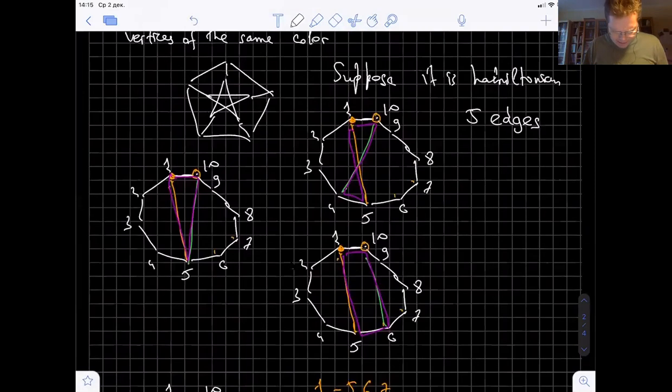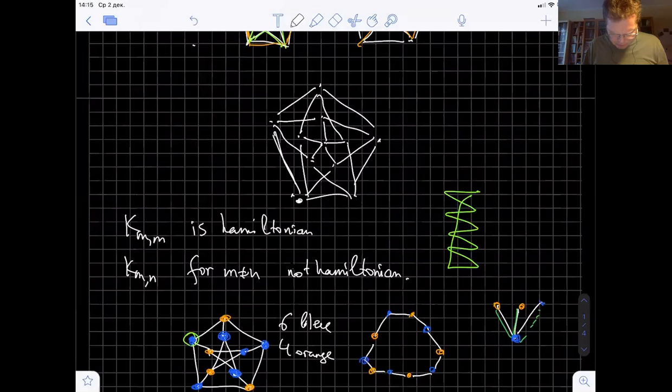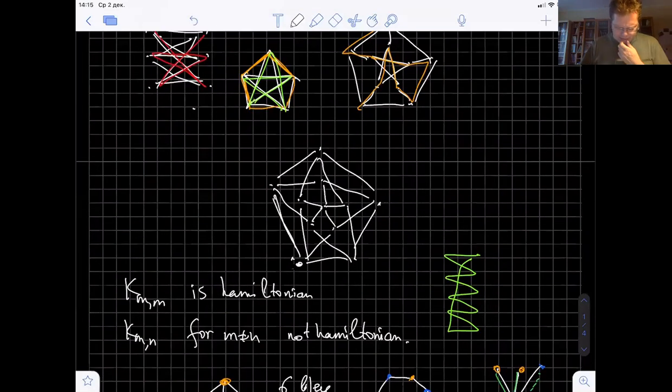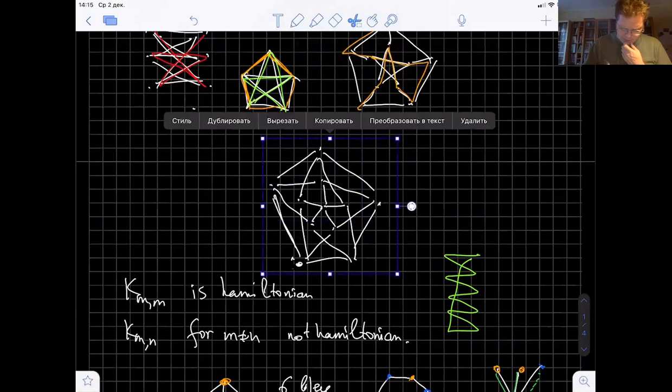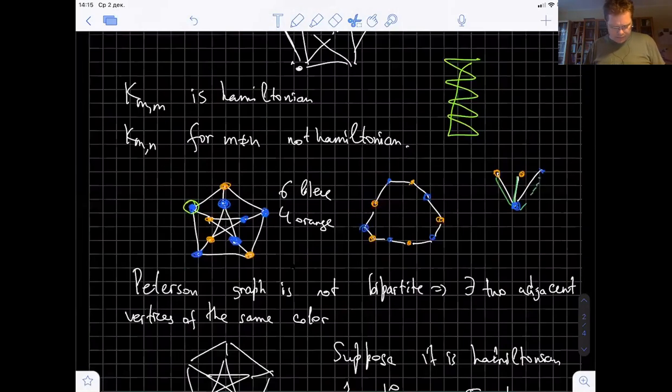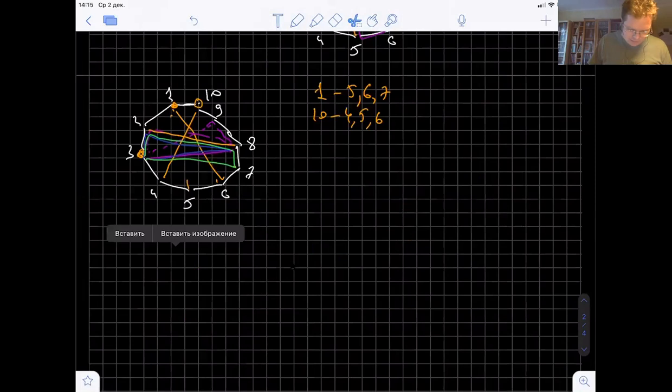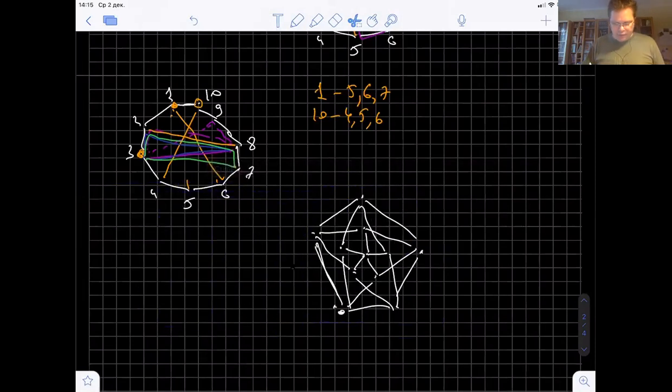Okay, so for the last example, I don't know if you have time to find something, but I think it has a Hamiltonian path. Let's try to find it. If you have some task, you can try to think about how this Hamiltonian cycle can look.